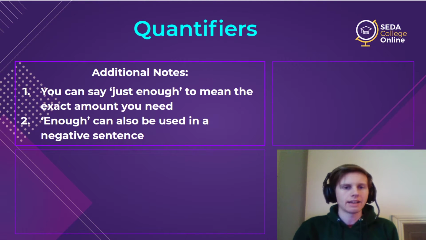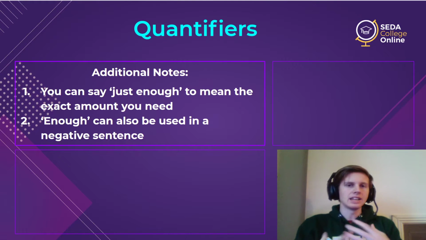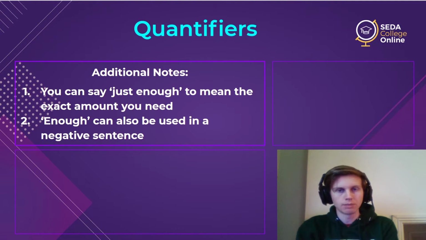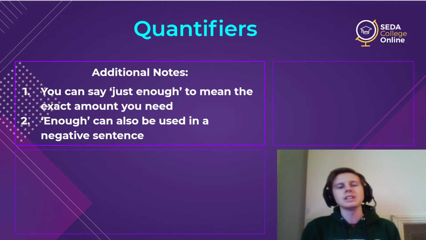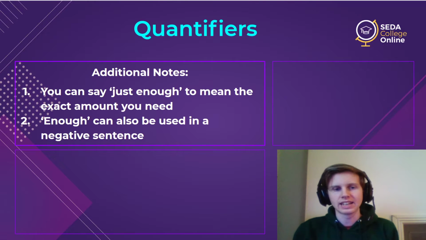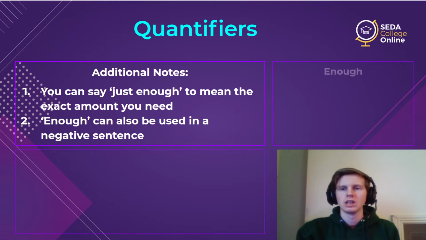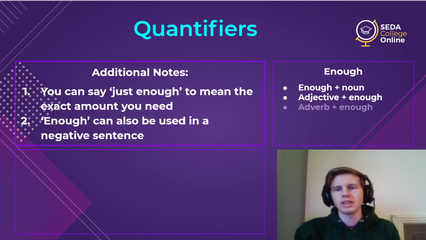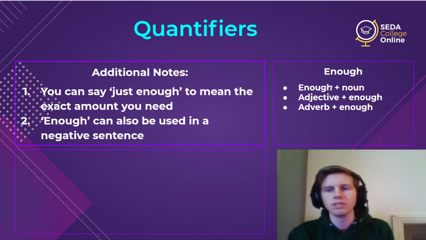If I say I have just enough flour, I need 200 grams, and I have 200 grams. It's just enough, the perfect amount. And enough can also be used in a negative sentence with the idea of too little or too few. So I'll show an example of that in a moment. And before that, I want to talk a bit about grammar of enough.